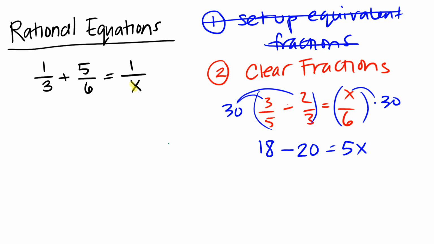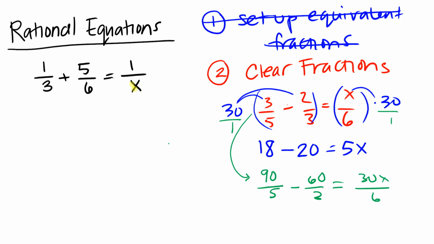You can see that we can immediately get rid of our fractions. And if we need to, we can always take the baby step first of rewriting this as 90 divided by 5 minus 60 divided by 3, putting this over 1, carefully multiplying our numerators, and then simplifying.